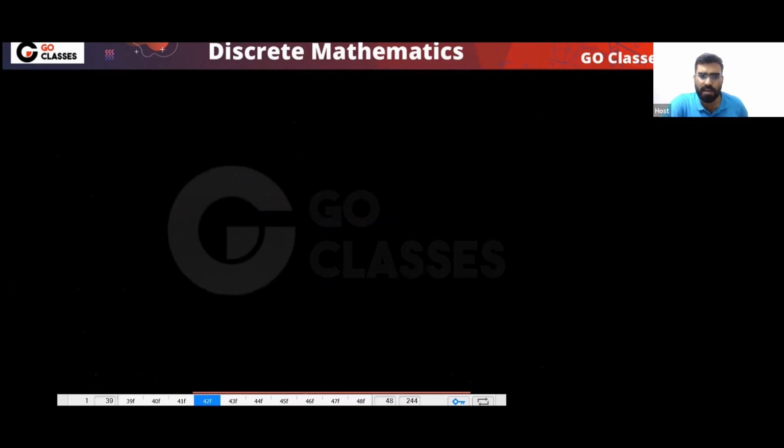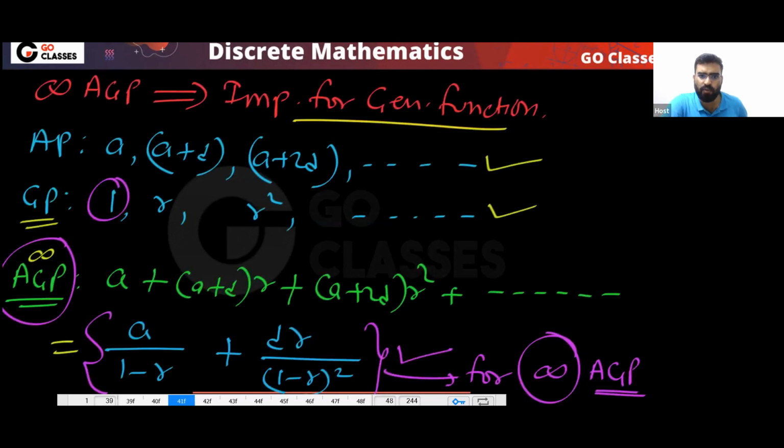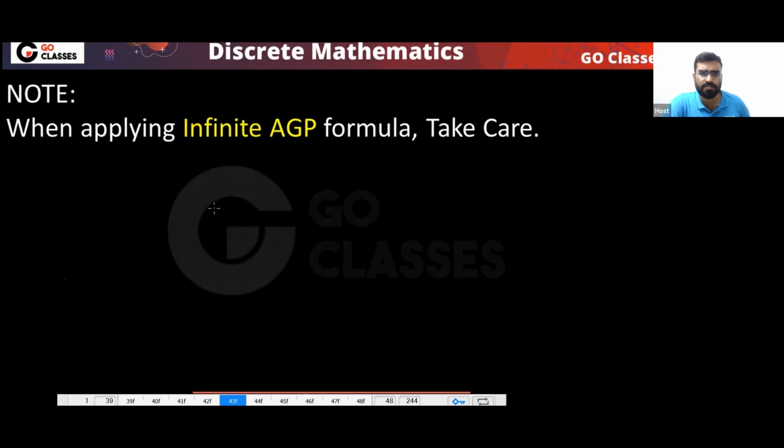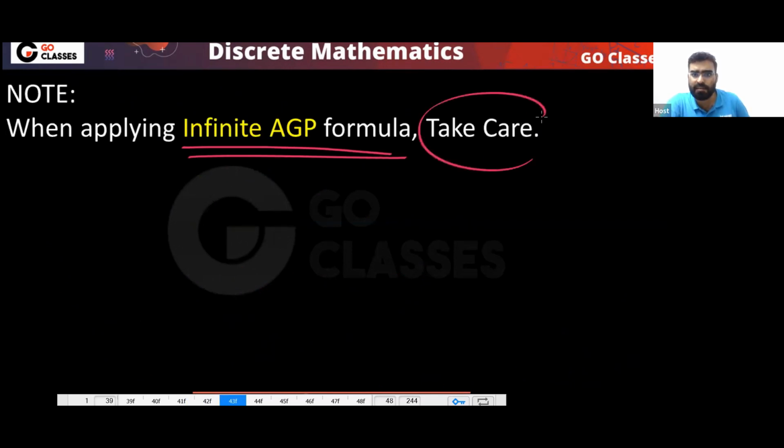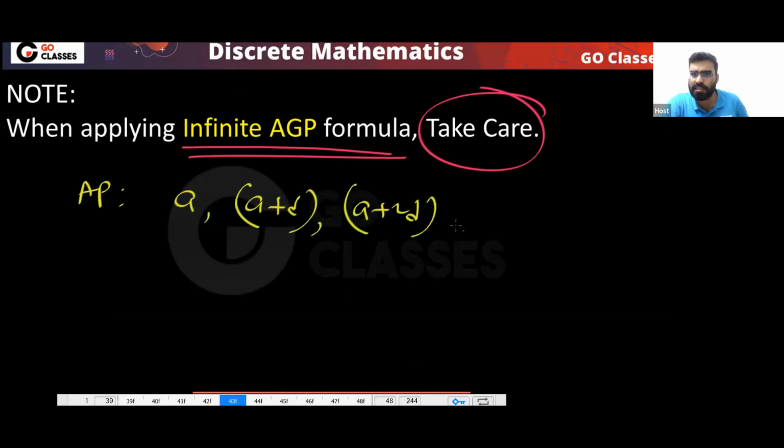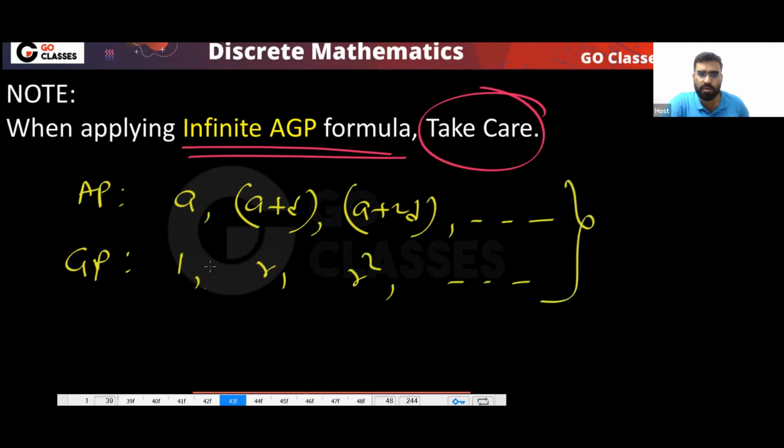Okay, very simple. Now let's solve questions, and with questions I will tell you what I mean. Remember, when applying the infinite AGP formula, take care. What do you have to take care of? Your AP should be A, A plus D, A plus 2D, and your GP should start from 1, R, R square.